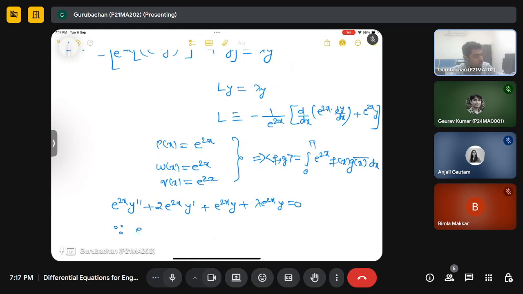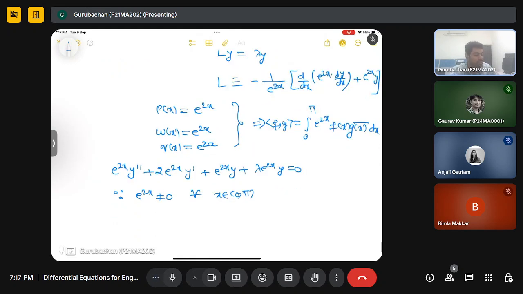Because e to the power 2x is non-zero for all x between 0 to pi. In fact, it is non-zero on the whole real line, but we need only 0 to pi here. So y double dash plus 2y dash plus y plus lambda y equal to 0.